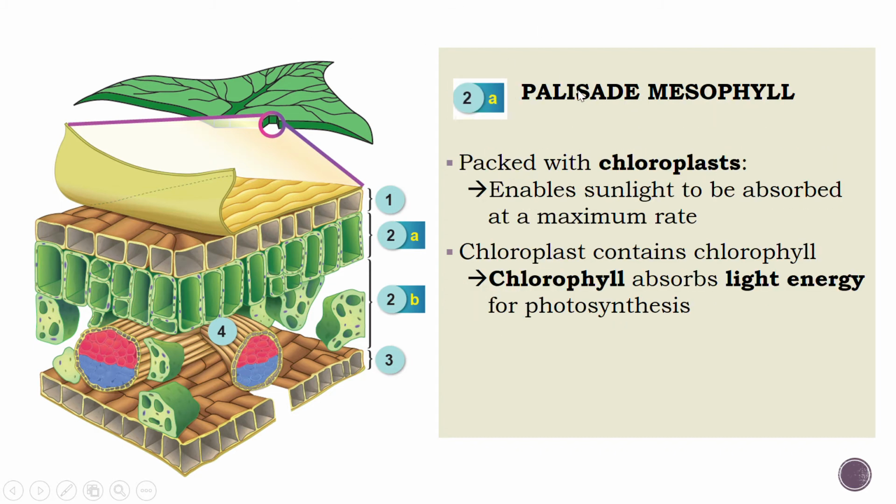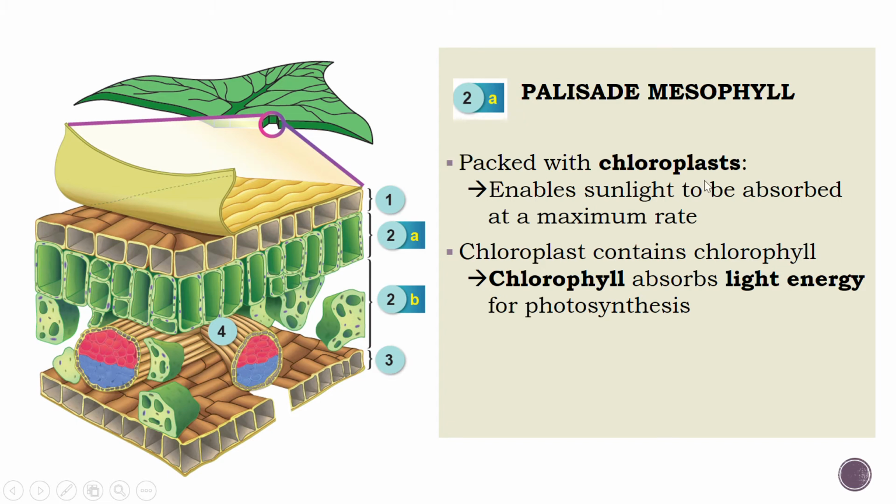Okay, number 2A. Yang ini 2A ini, this is called the Palisade Mesophyll. So they are packed with chloroplasts. Ada banyak chloroplast. High density in chloroplast. Sangat padat. Why? Because this will enable sunlight to be absorbed at the maximum rate.